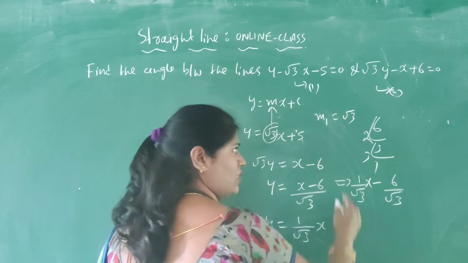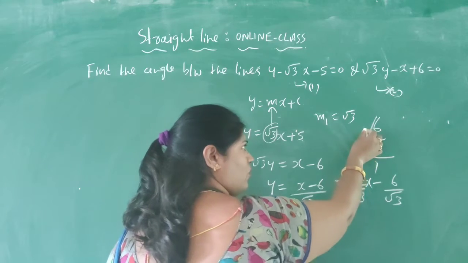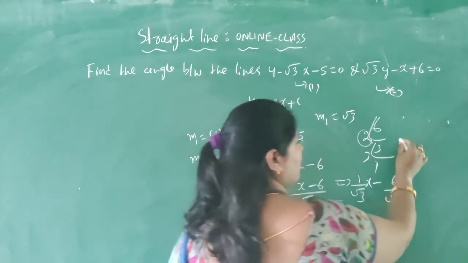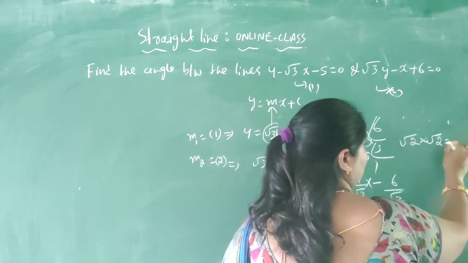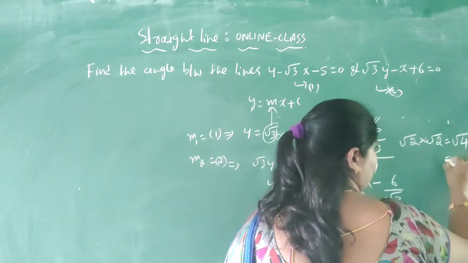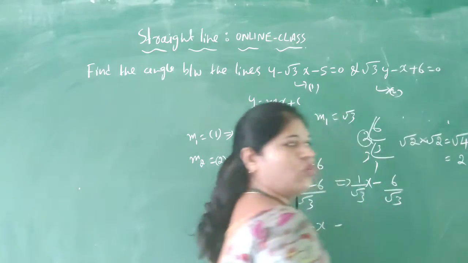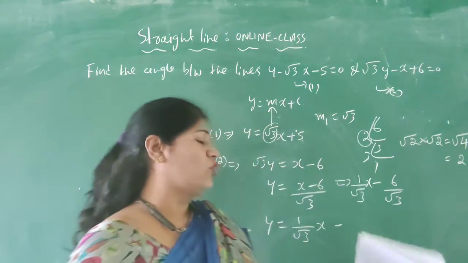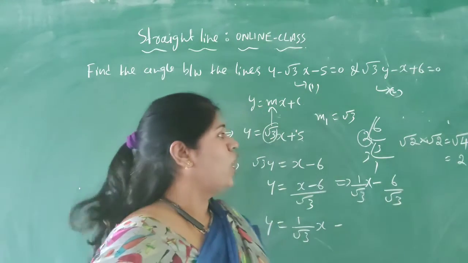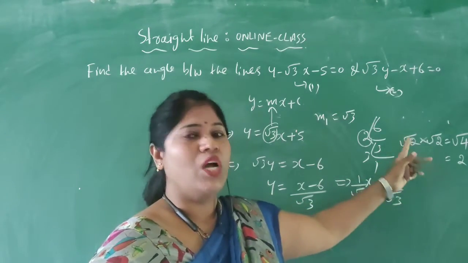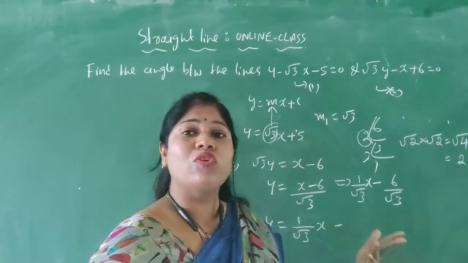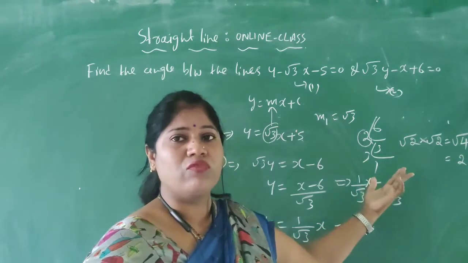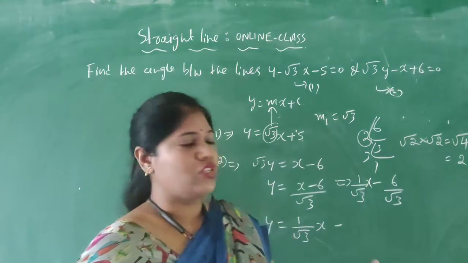So this 2 can be written as root 2 into root 2, which is equal to what? Root 4. The square root of 4 is nothing but 2. So this 2 can be written as root 2 into root 2. We know that root 2 into root 2 is root 4, and the square root of 4 is 2.